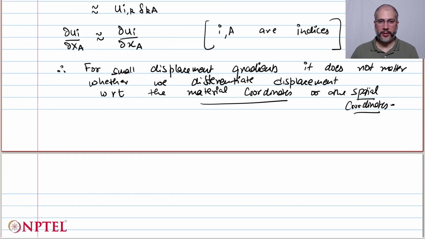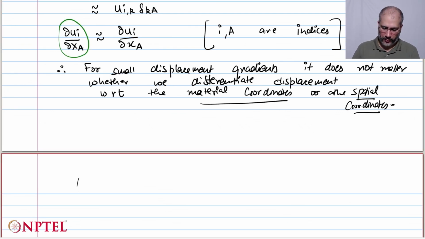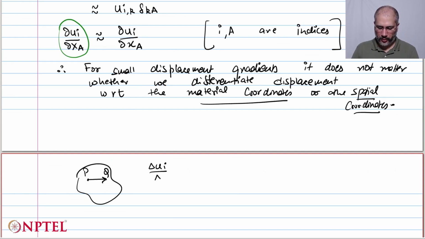So let us try to understand this graphically. Now we had understood the meaning of this term del u_i by del X_A, which basically meant that if you have an undeformed configuration and you find a Q, which is, let's say, along the x1 direction, you try to find out the ratio of delta u_i to delta x1.